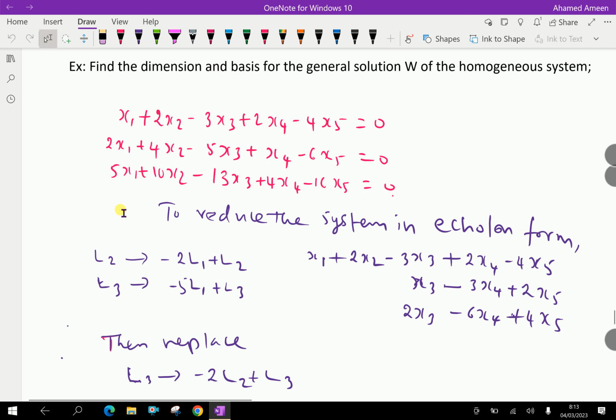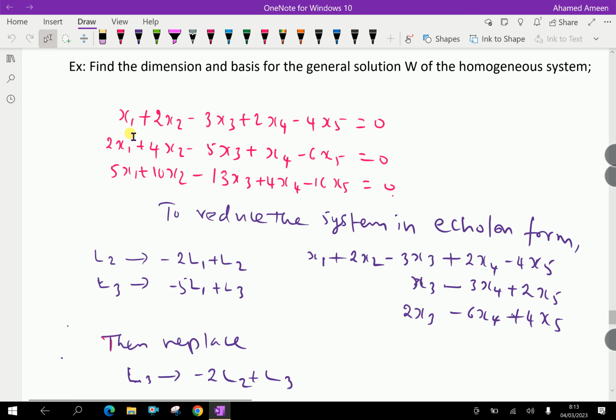L2 gives minus 2L1 plus L2. That means, of equations 1, 2, 3, the second equation gives: multiply the first equation by 2 and add to the second equation, which makes x1 go.